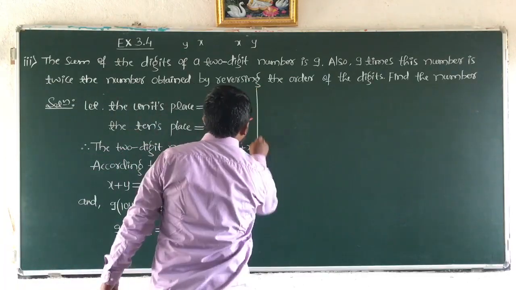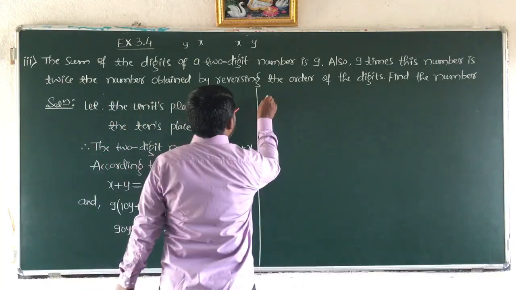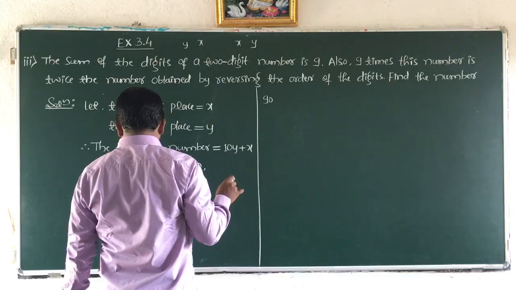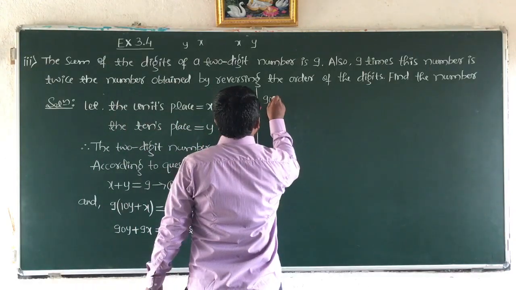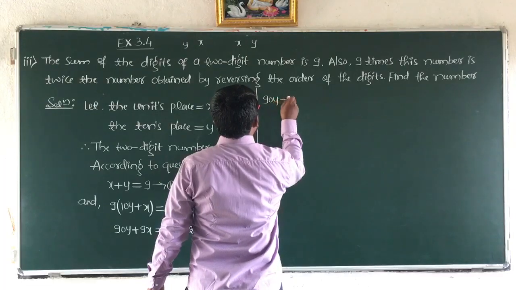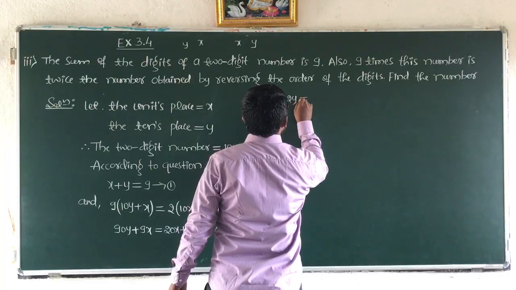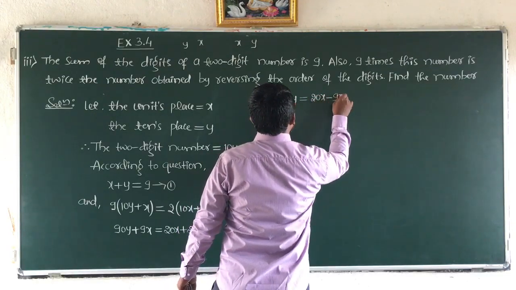So now simplify this further. 90y minus 2y, which is equal to 20x minus 9x.